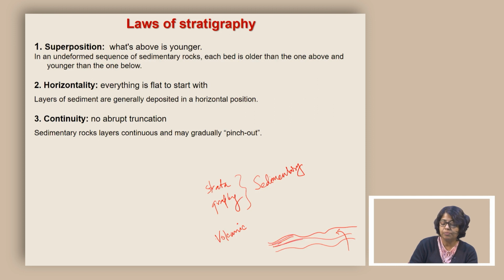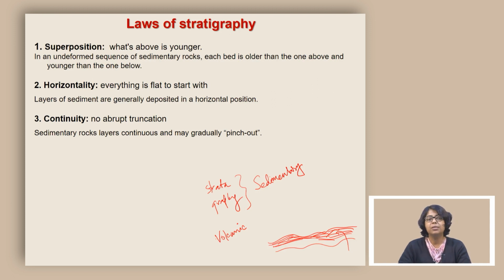But unlike sedimentary rocks, these lava flows may have slightly different characters, and that is why in today's discussion we will primarily focus on the development of sedimentary rocks and how we can figure out their relative ages.